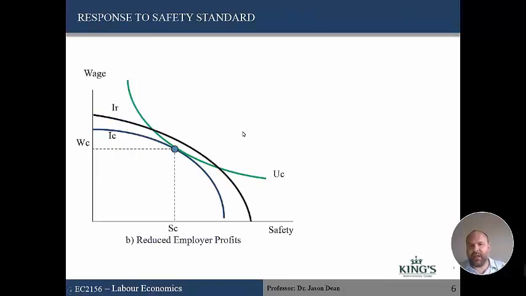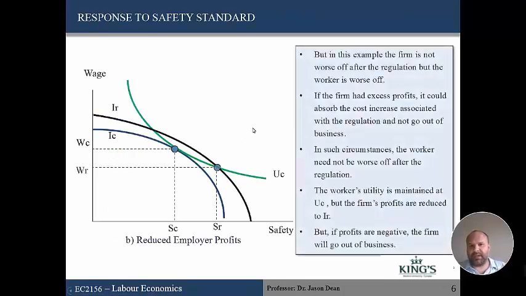If, for example, a firm was able to actually have some excess profits, so suppose that the isoprofit curve isn't the zero isoprofit curve and they actually have some profits here, then they could keep the worker equally happy, and they would do this by, so this is the original indifference curve, okay?